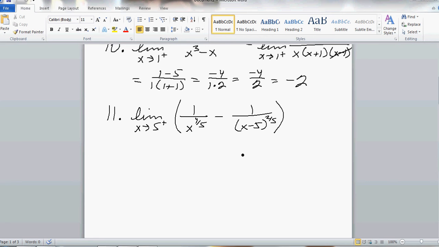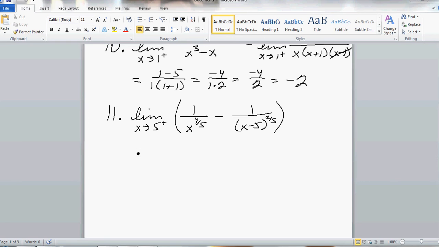Honestly, what I would try to do here is direct substitution, with the understanding we might have to deal with zeros in the denominator, but all we really have to do there is make sure we're dealing with, is it on the positive side or the negative side?